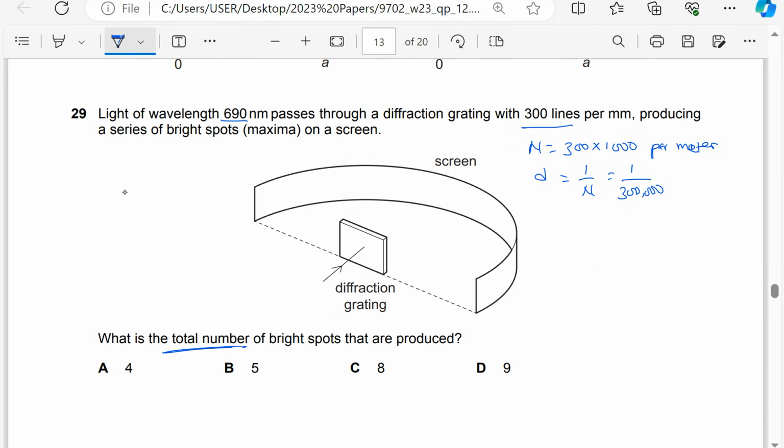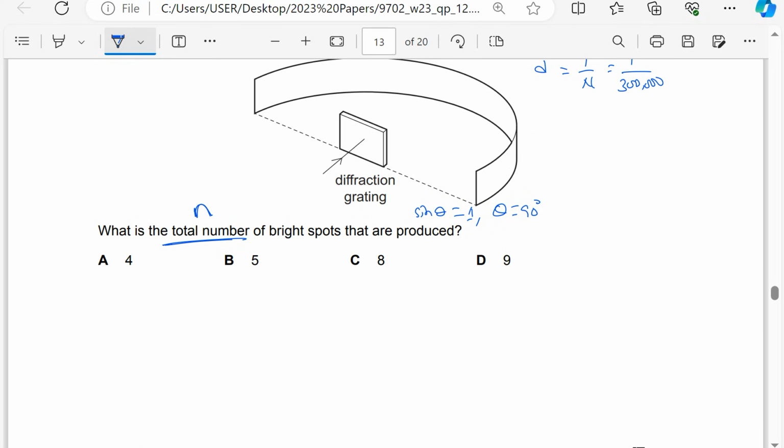If we want the total number, the total value of n, we know that sine theta should be maximum and should be equal to 1, which means theta should be equal to 90 degrees. We know that for a diffraction grating, n lambda is equal to d sine theta. So n is maximum when sine theta is equal to 1.